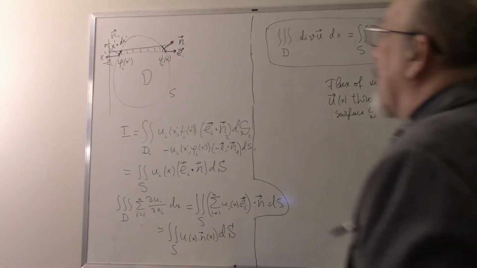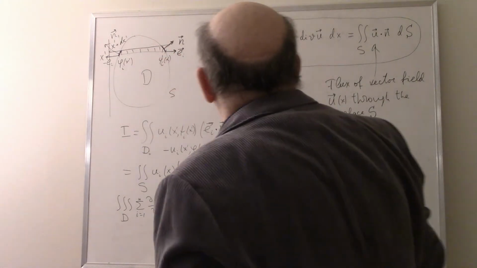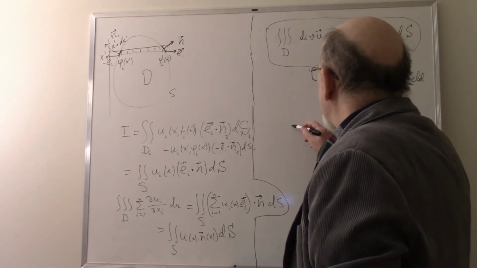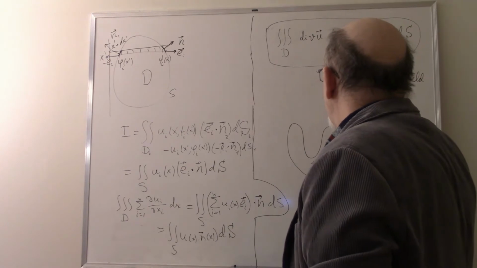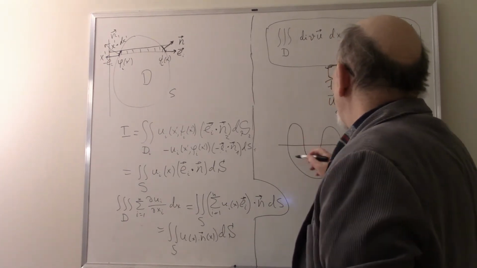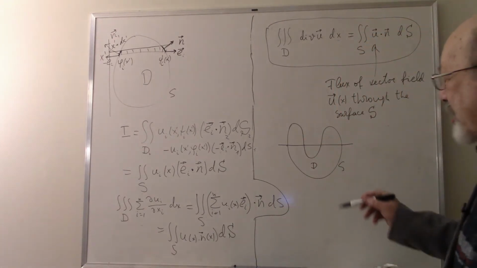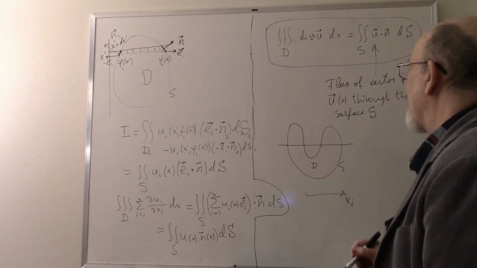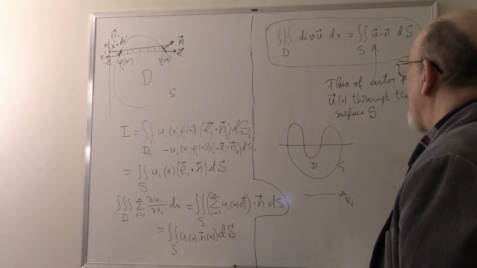And if the surface is more tricky, then it is not so obvious. So suppose we have this domain, it is D, it is S. It meets some lines parallel to the x_i axis at 4 points. So what to do in this case?